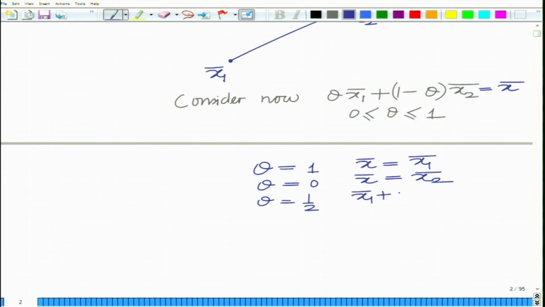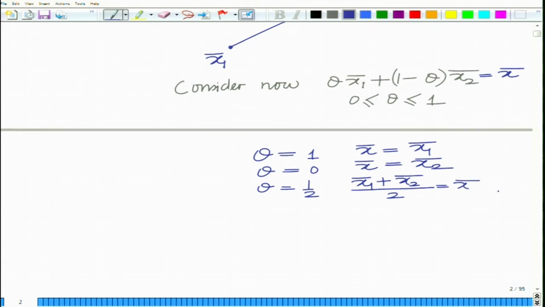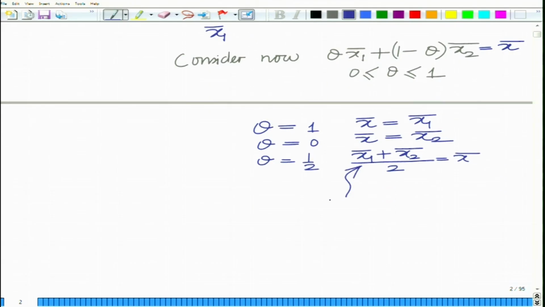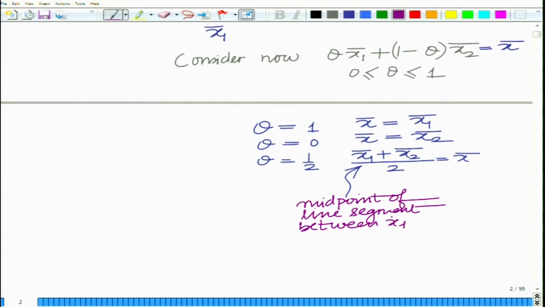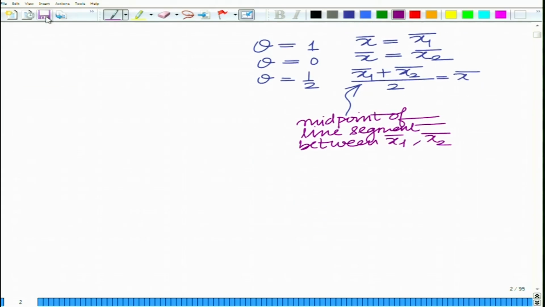So, this is x1 bar plus x2 bar by 2 equals x bar, which is basically, you can see, the midpoint of the line segment between x1 bar and x2 bar.